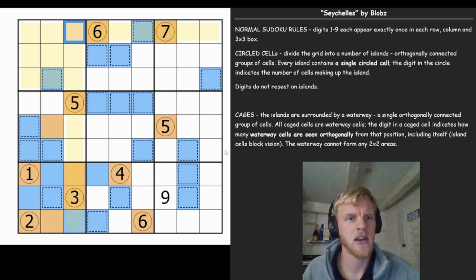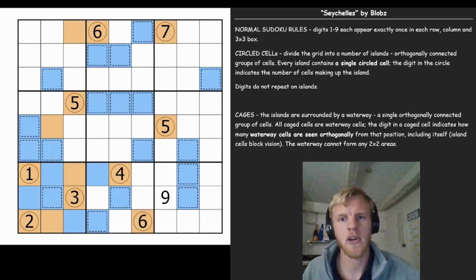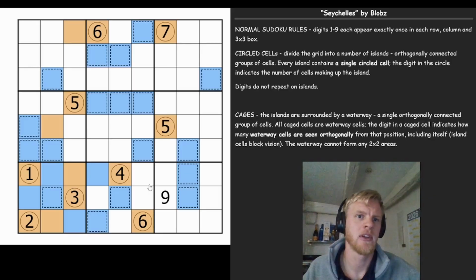We do know that's island, because even if we expand the 6 in this direction, we need to go here. We also know that all the waterway is connected, right? The islands are surrounded by a waterway, a single orthogonally connected group of cells. Yes.